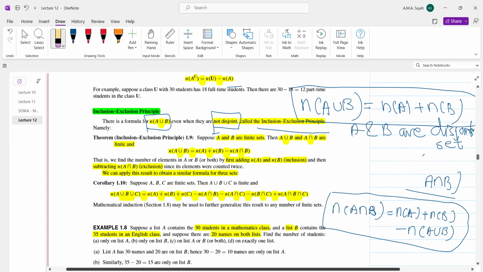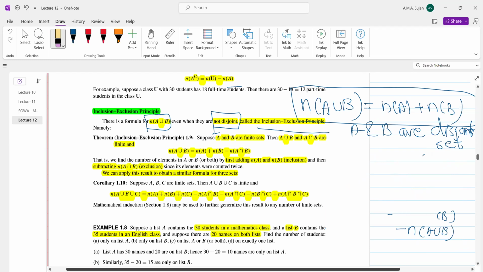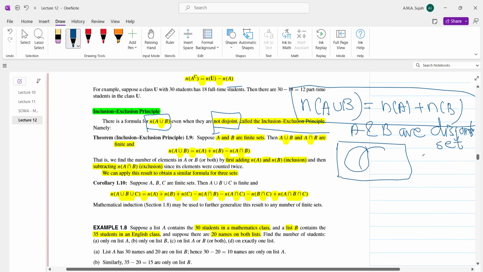So just remember the equation. Even if you don't remember the equation, maybe the easiest way is to plot the Venn diagram, right? If you draw the Venn diagram, this is A, and just imagine this is B. This is the union. So you only need to remember the number of elements in A union B, that is the inclusion exclusion principle.